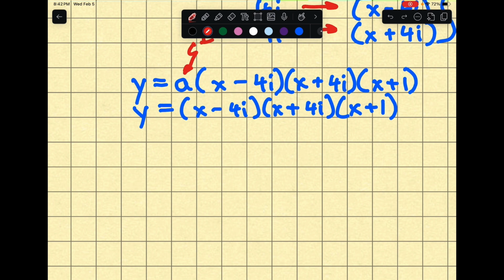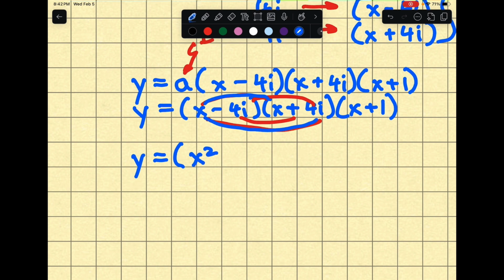So we're going to multiply these first two first. We're going to apply FOIL: first, outer, inner, last, just on the first two factors. So this is going to give us y equals, multiplying our first, x times x is x squared. Then our outer, x times 4i is plus 4ix.